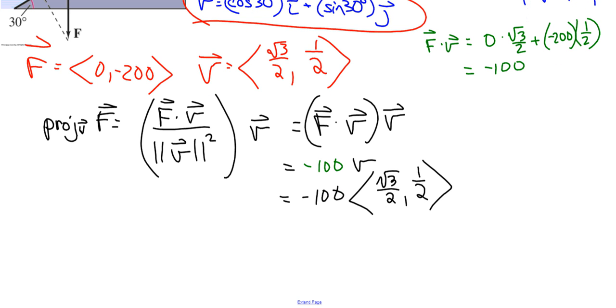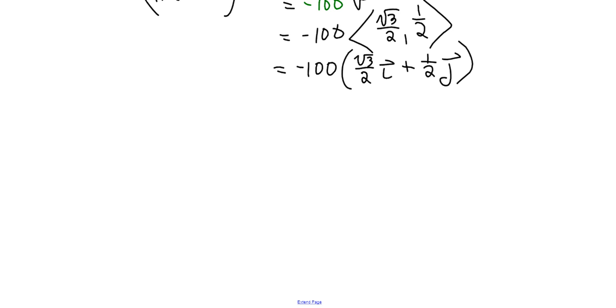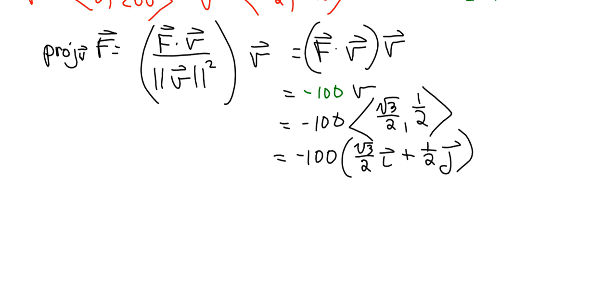If I want to change it to linear combination form, it's negative 100 times (square root of 3 over 2 i plus 1/2 j). And that's a good thing. It just reminds me of our next section as we go through. And so that is that projection of F onto V, which I think in the previous problem we called W1.